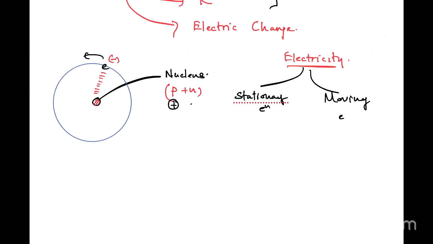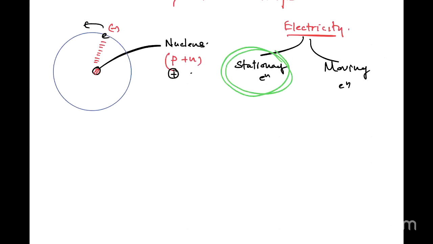Stationary electrons give static electricity. Static means not moving. The electricity generated due to the moving electrons is known as current electricity.